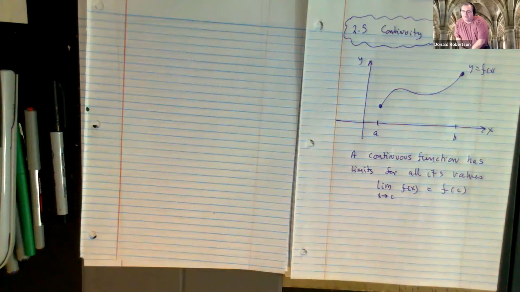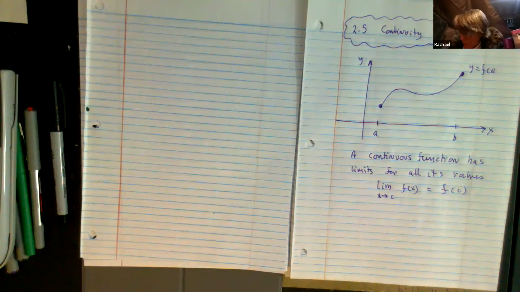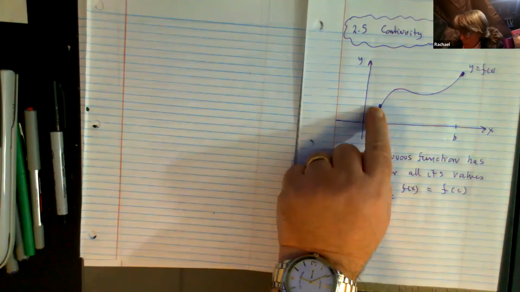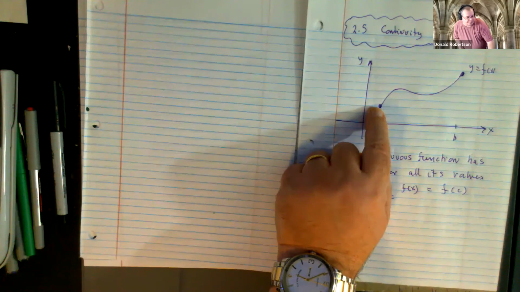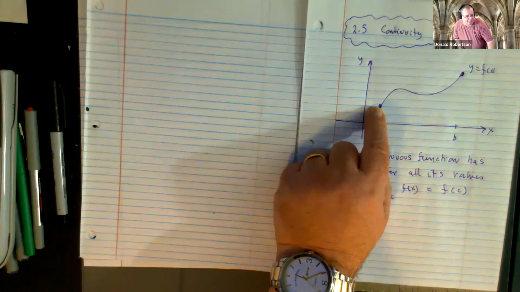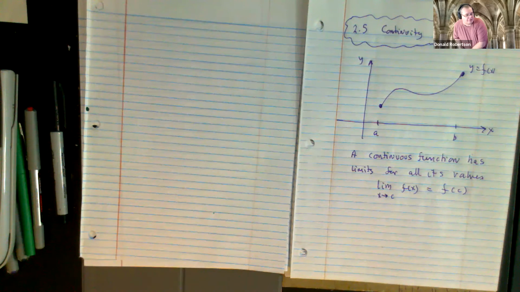So when you look at a function and you want to say, what does a continuous function look like? Here's my visual thing. Imagine that this is a road, and you're a little fly traveling on a little fly car. Can you travel from the beginning to the end without being killed? And if you say yes, the function is continuous.